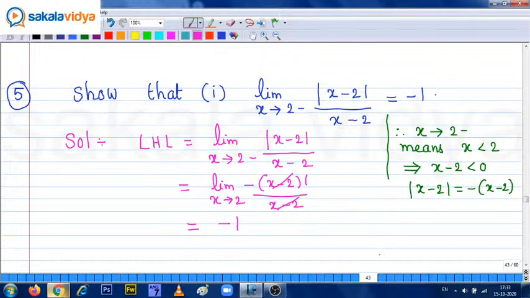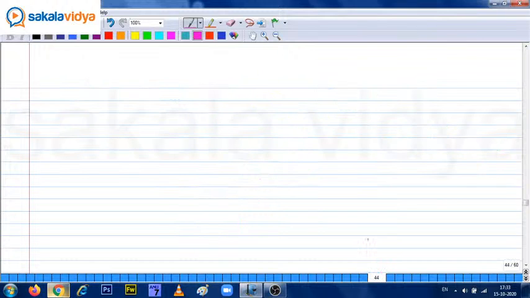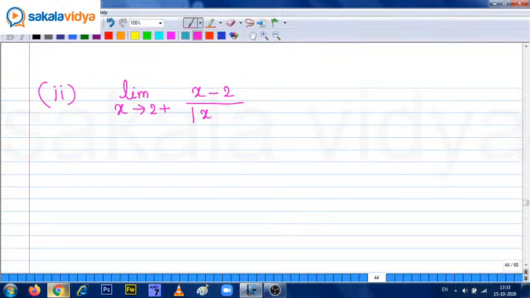Next, in this only we have the second bit. The second bit we need to discuss under 5: limit x tends to 2 plus of (x minus 2) upon mod of (x minus 2) equals 1. We need to prove.